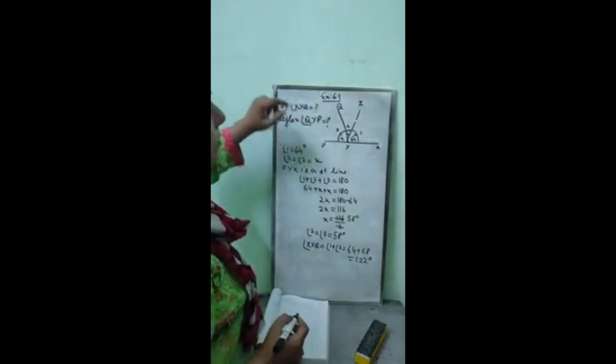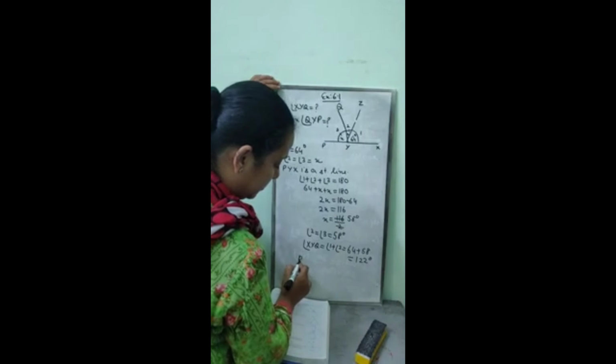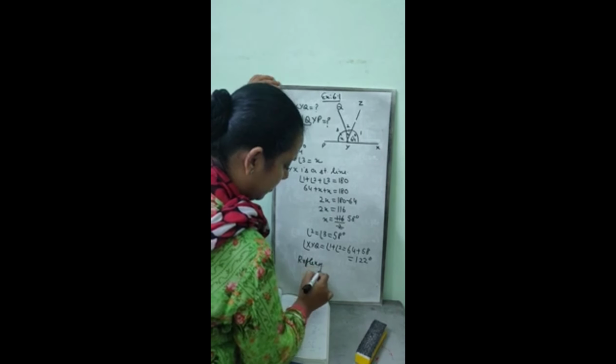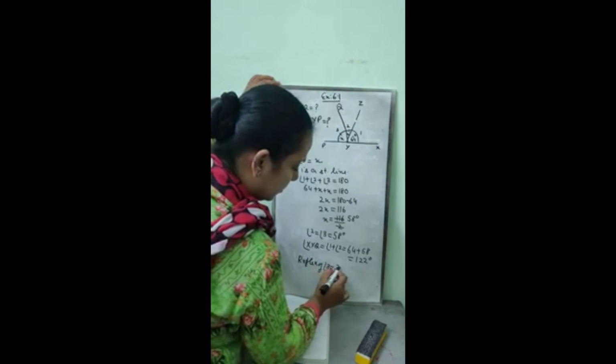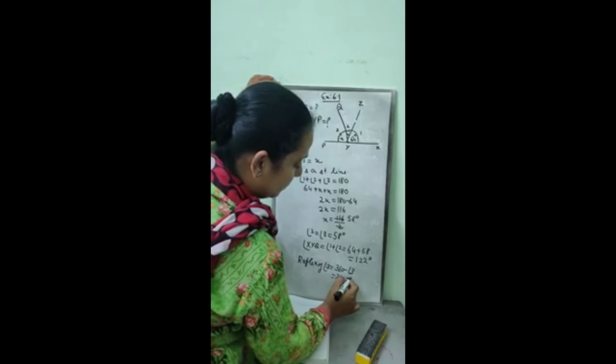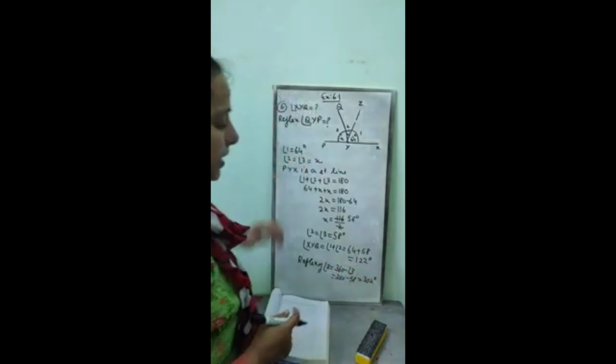Then the reflex of QYP, that is the reflex of angle 3. 360 minus angle 3, 360 minus 58. Answer is 302. Clear? Give a 1 minute review to this sum thoroughly.